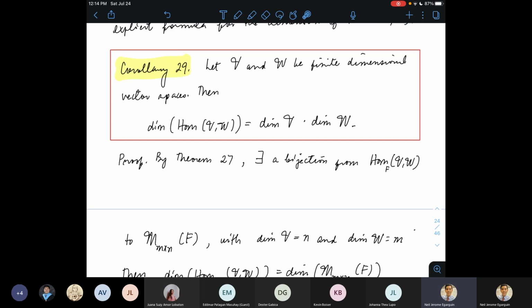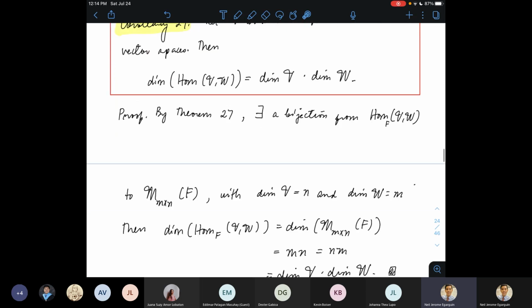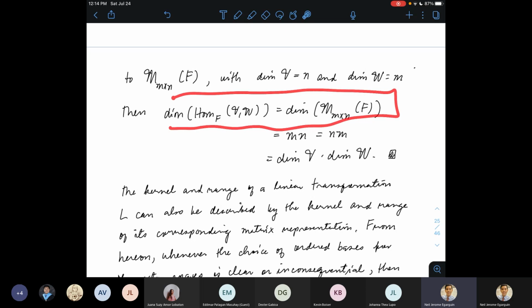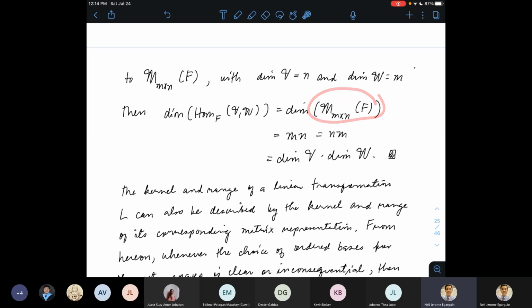And if you will read the proof, you will see that the trick was to use the fact that the mapping is an isomorphism. And so this means that they will share the same dimensions, okay? And we have computed before the dimension of the vector space of all m by n matrices. That's m times n.